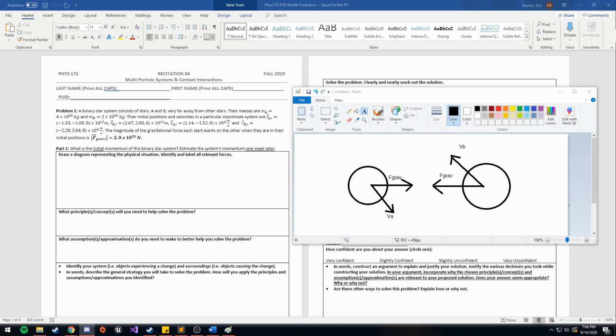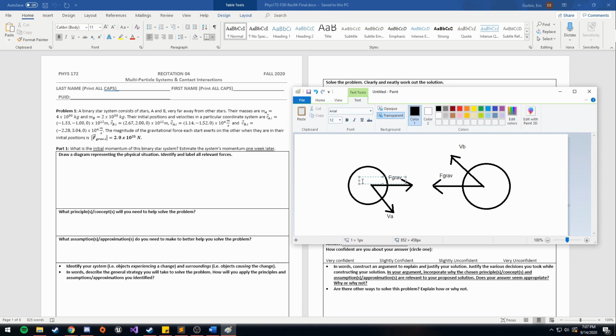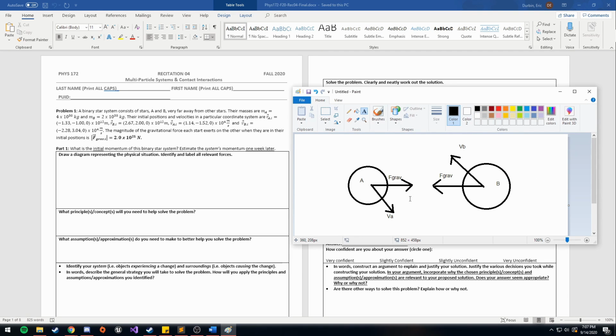And whenever you guys have questions, you can just peek over. So this is going to be star A, and this will be star B. Besides the force of gravity and the initial velocities, is there anything else? I don't think so.